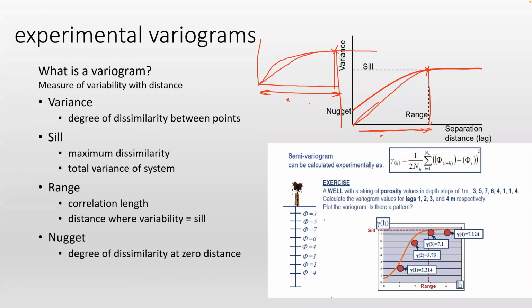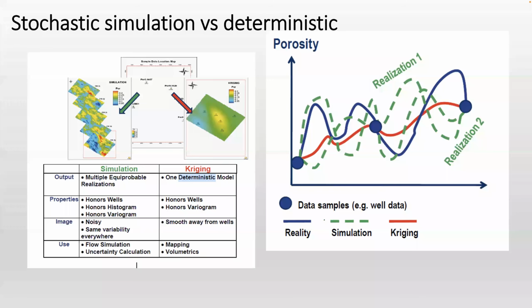Based on this variogram and geostatistical algorithms, we distribute the properties. For example, look at this one. This is based on a stochastic simulation. You can see we have different types of, for example, porosity.